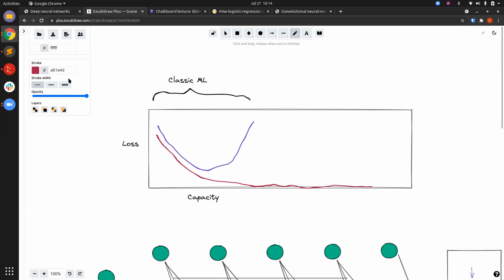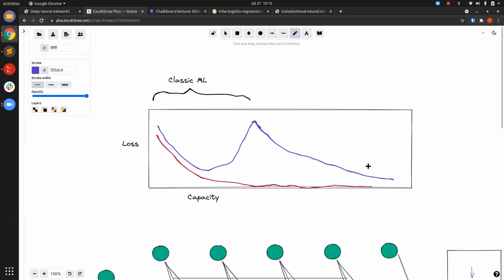But something interesting happens with the test data. What happens with the test data? Well, at first, the test error increases as you increase the network capacity because it's fitting the training data too exactly. But as you continue to increase the capacity of the network, you actually end up with a descending test error again.